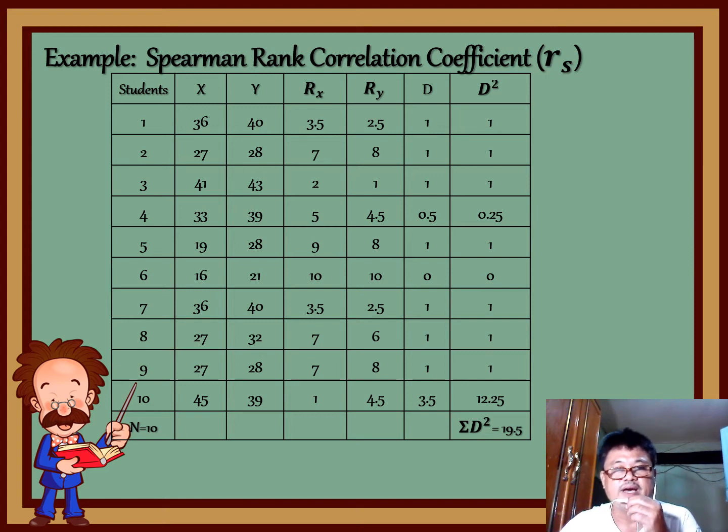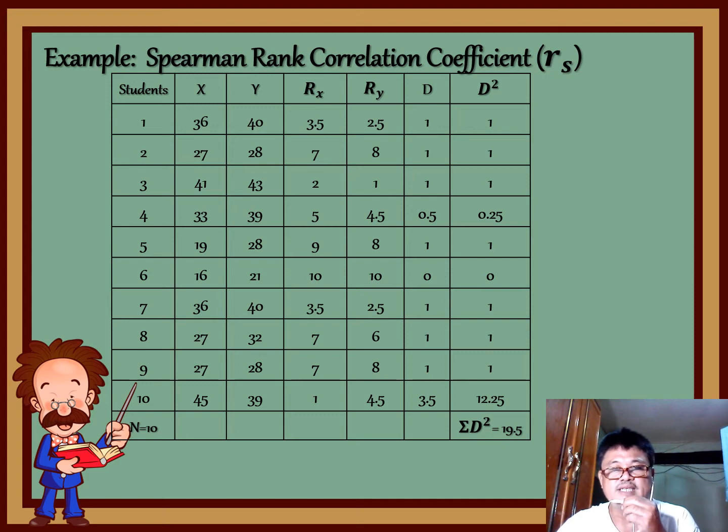So the scores of X starting from 36 down to 45 will be ranked, and that will be put under the column of R sub X.